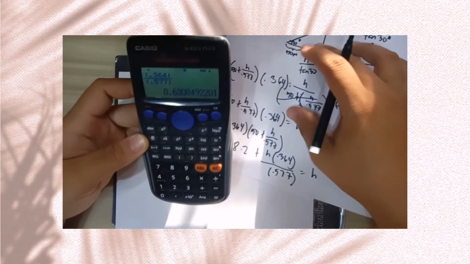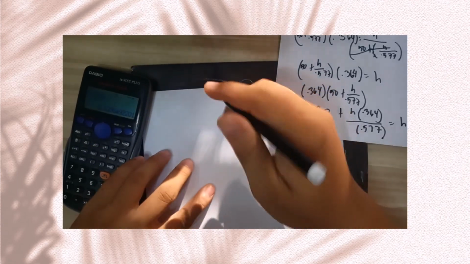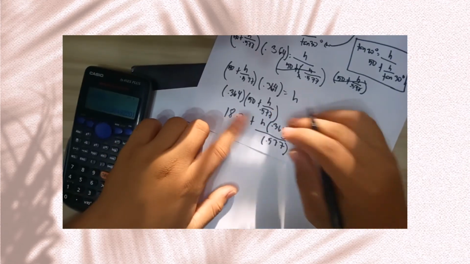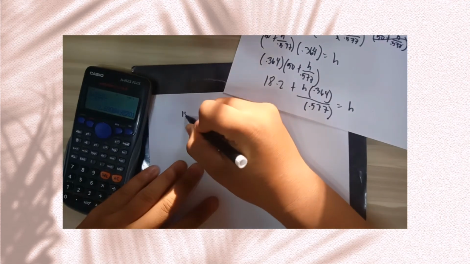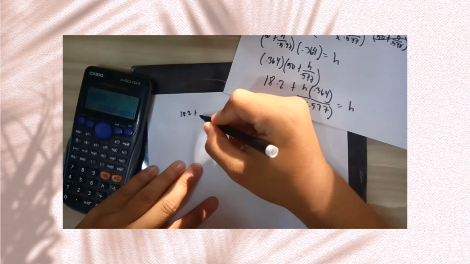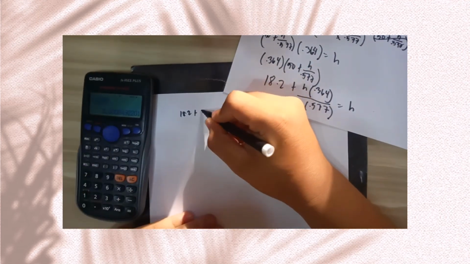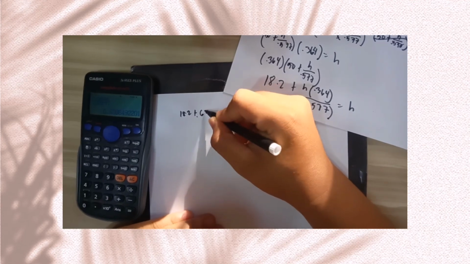The answer is 0.631. So we just copy this: 18.2 plus 0.631h equals h.